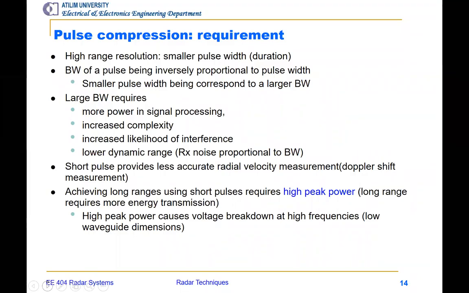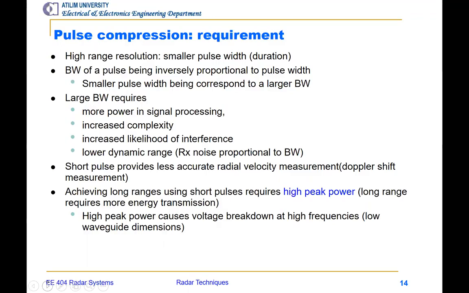One way to reduce that ambiguity is to use pulse compression. We simply divide the pulse into subpulses, very short pulses, and transmit the signal. In this way, we reduce the peak power, but increase the bandwidth.